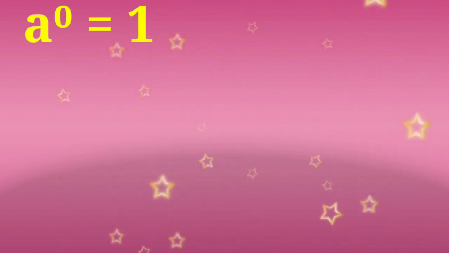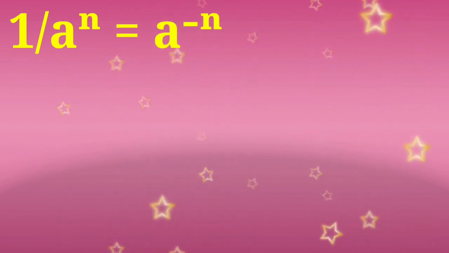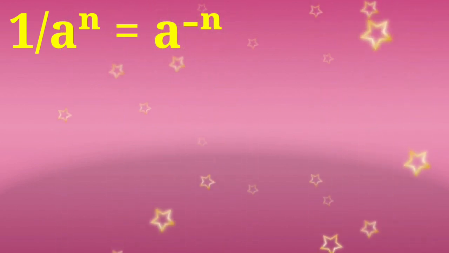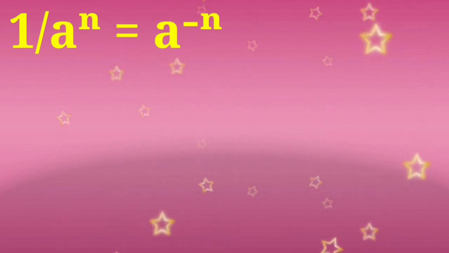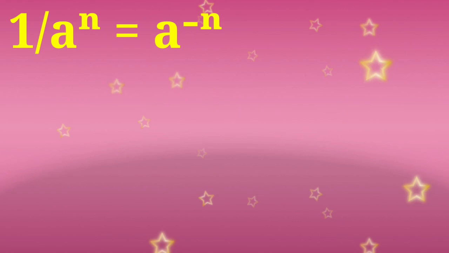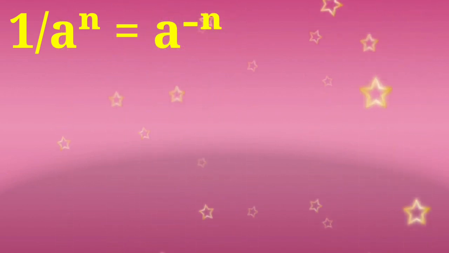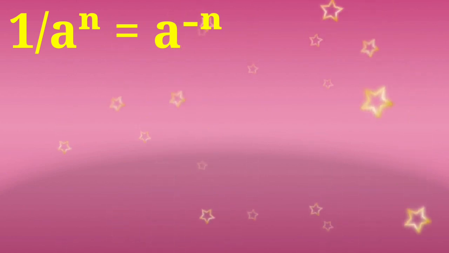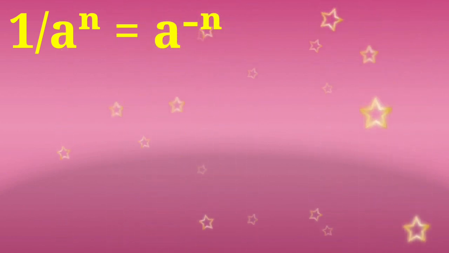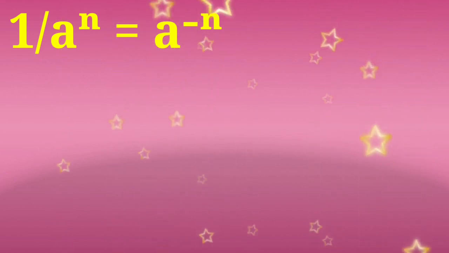Then the second law. 1 divided by aⁿ is equal to a⁻ⁿ. So the first part is in a fraction form, right? 1 is the numerator and aⁿ is the denominator. Here base is a and exponent is n.